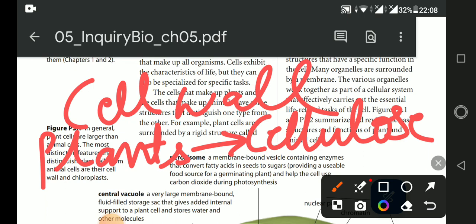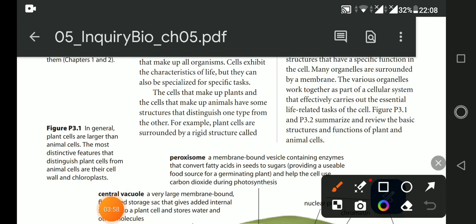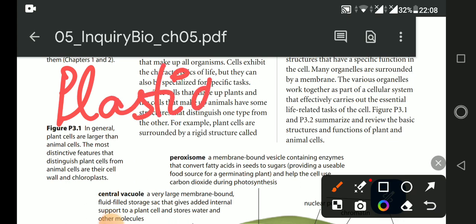Then another important difference between plant cell and animal cell is the presence of plastids. In case of plant cells, plastids are present, but in case of animal cells, these are absent.